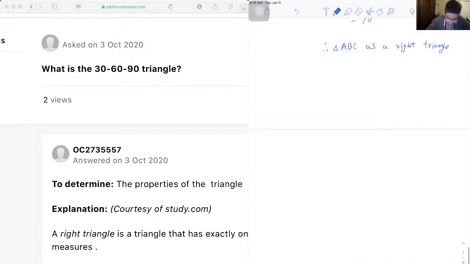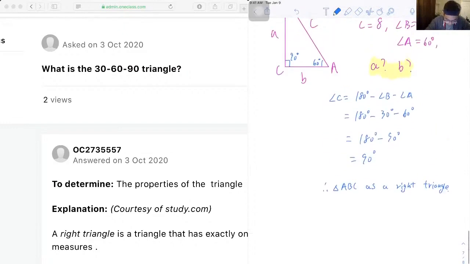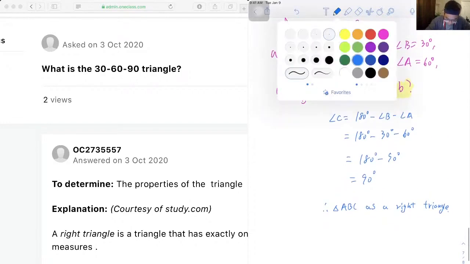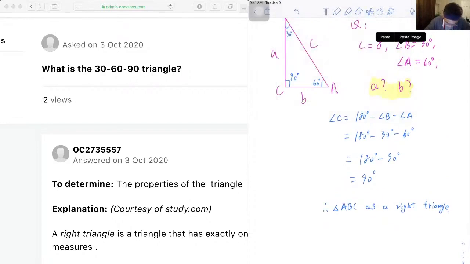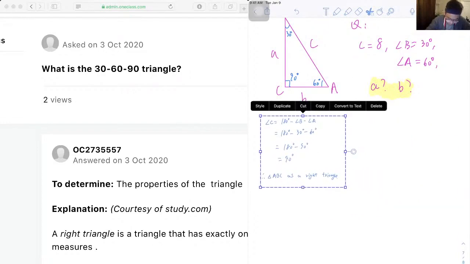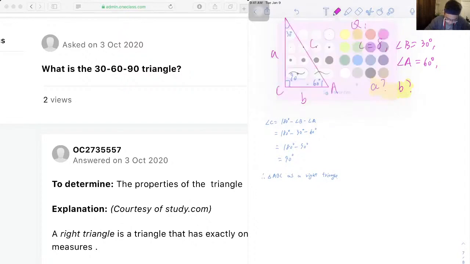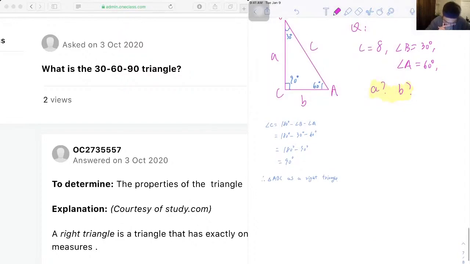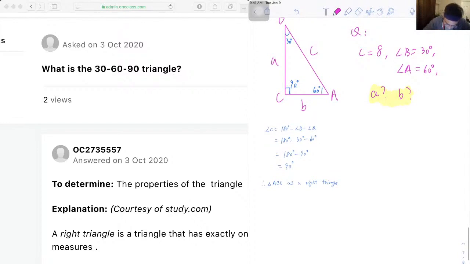Since we were asked to find the values of small a and b, we apply what we have just learned. We are given C is equal to 8. We know that C is our hypotenuse and B is our short leg.